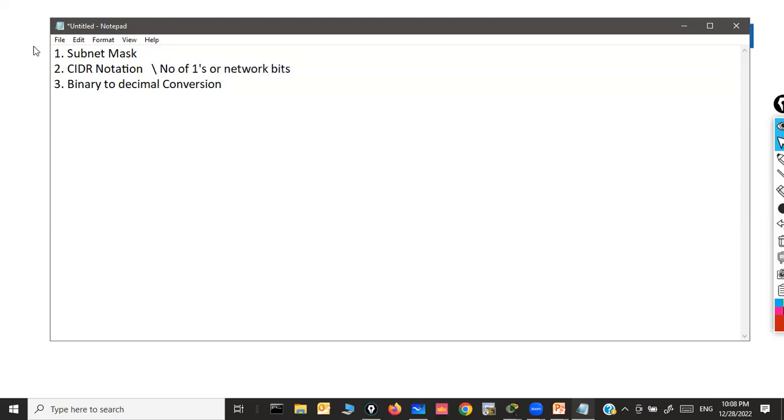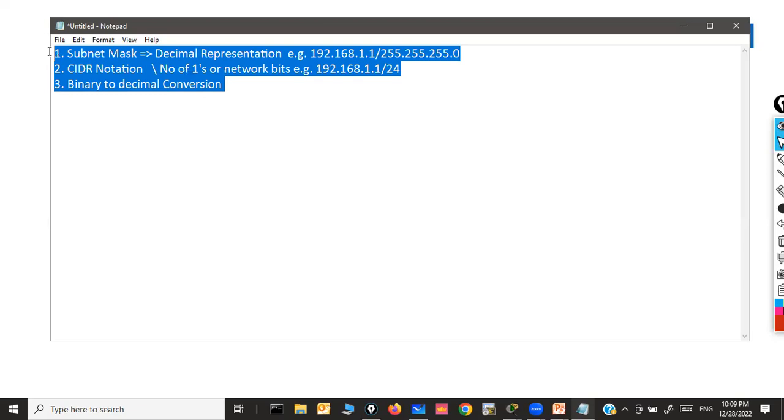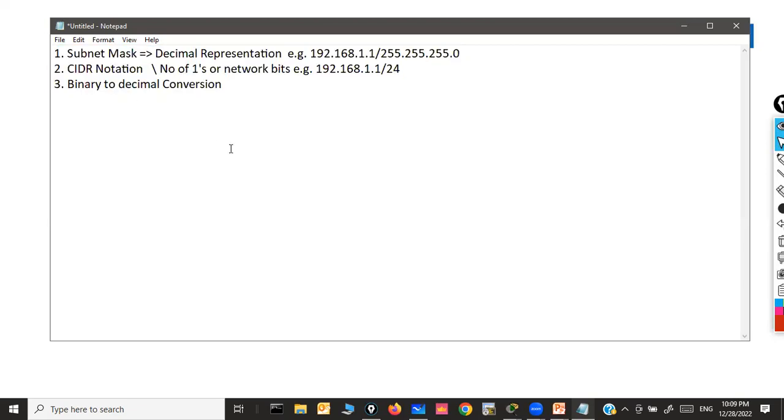An example of both: the IP with subnet mask 255.255.255.0, and CIDR notation, 192.168.1.1/24. And this is binary to decimal conversion. Now, questions, please.